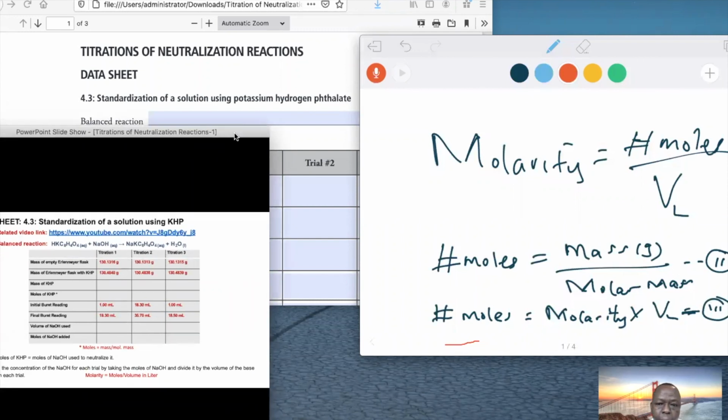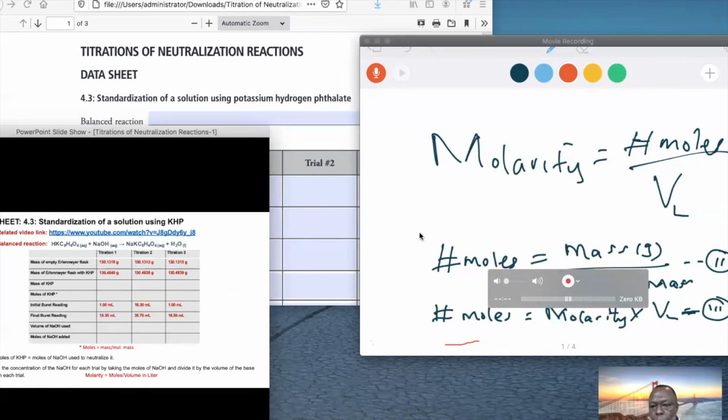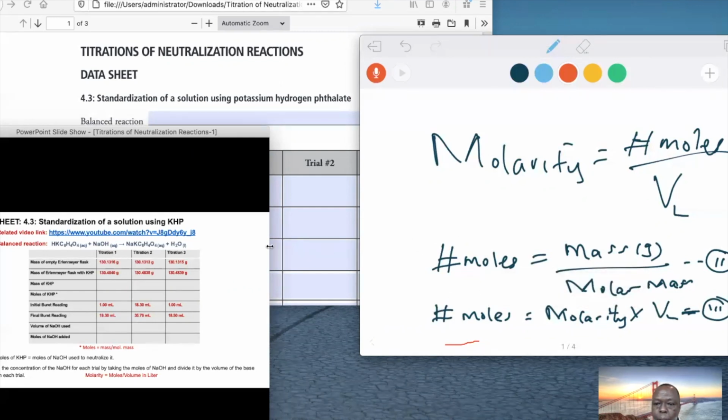I know in the pre-lab you were asked to find the molar mass of KHP. Please don't make the mistake of just using potassium, hydrogen, and phosphorus. To get the number of moles of KHP, use equation 2 here. I know the mass from here, and the molar mass you can find using the periodic table.